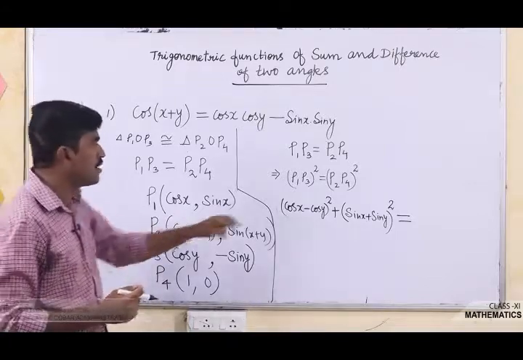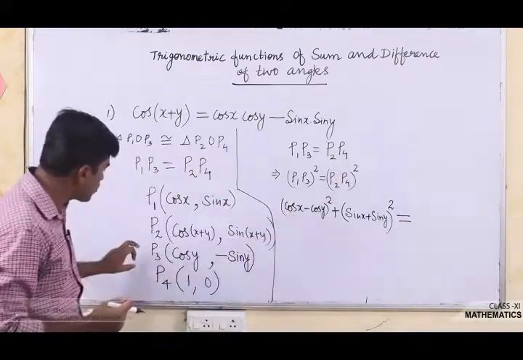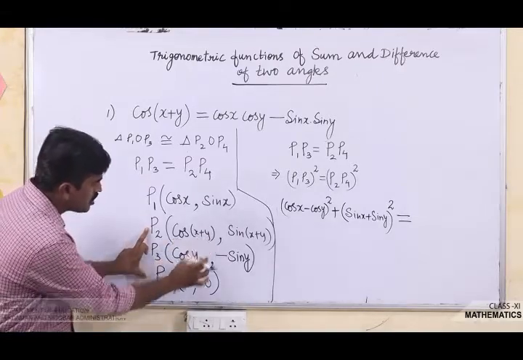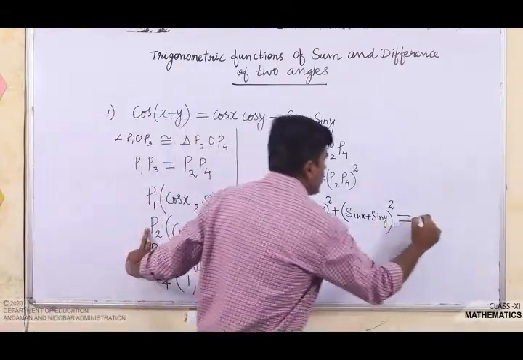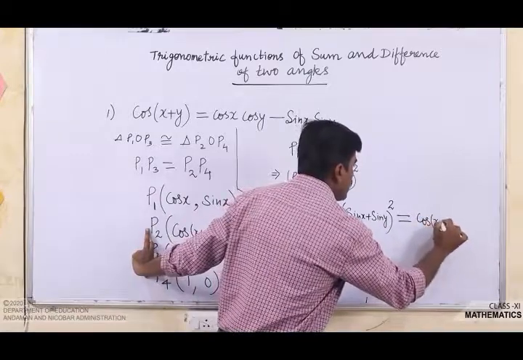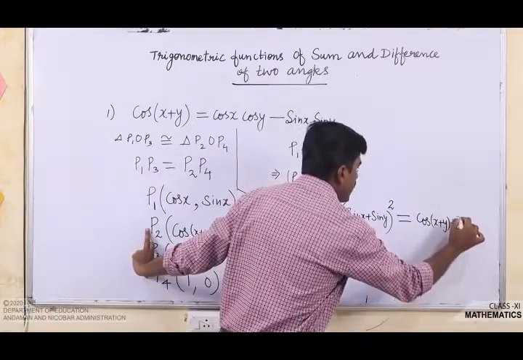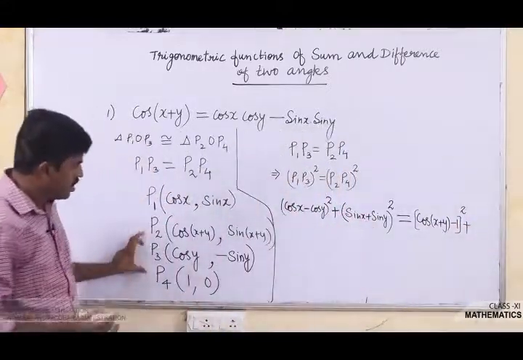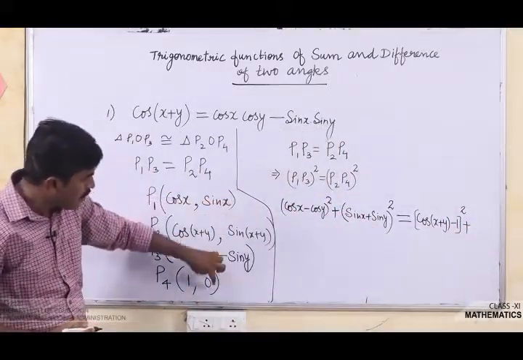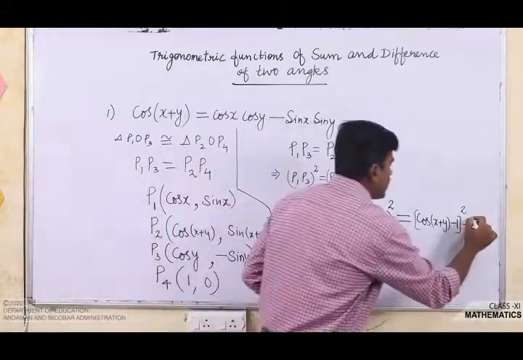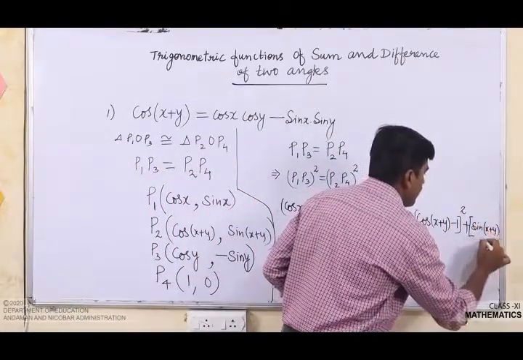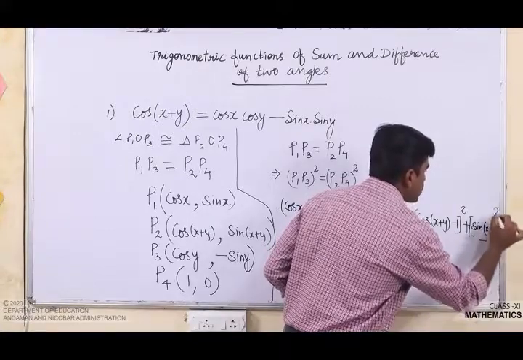Using the distance formula, but since square is there, the square root will not be there. So P2P4 square is cos of x plus y minus 1 whole square, then plus sin of x plus y minus 0 whole square.